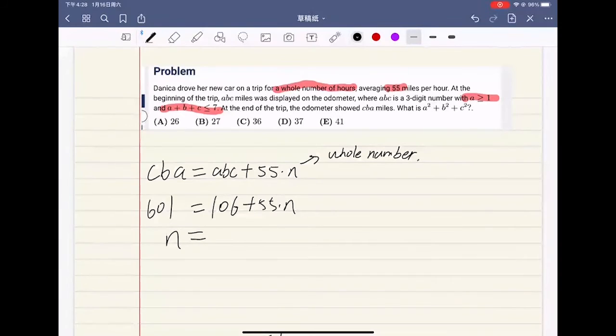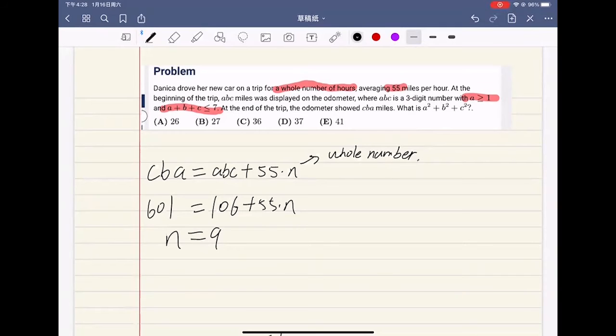So 55 miles per hour, and n equals 9, because I used a different way to do it. This way is much simpler. But I made a function: 100a plus 10b plus c, plus 55n, is the distance that would be traveled, equal to the new number, 100c plus 10b plus a.